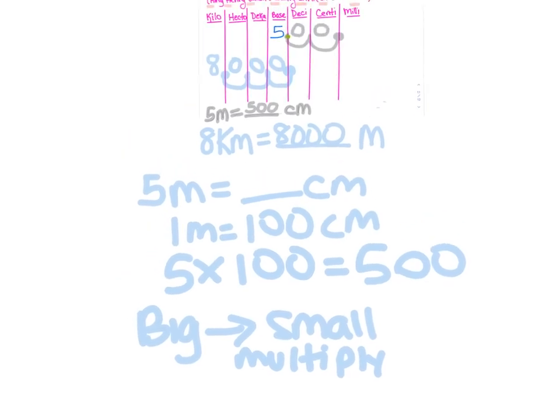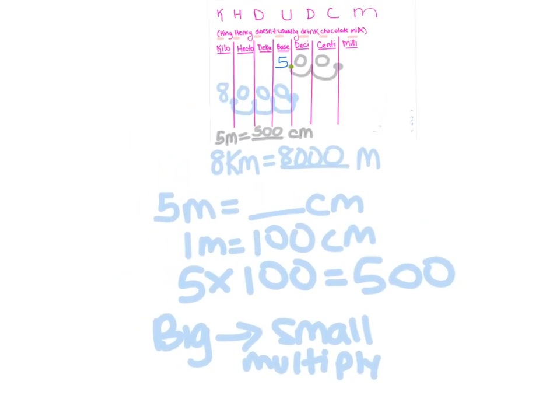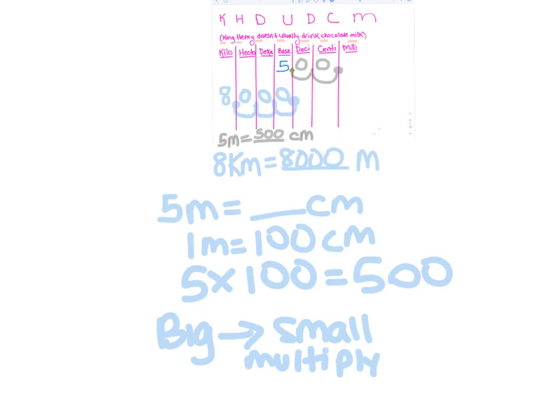So the chart does the same trick as multiplying if I'm converting from a bigger unit to a smaller unit. So today's lesson is strictly going to talk about what happens when I want to convert a bigger unit to a smaller unit, and we are specifically looking at length. So our two examples were converting meters to centimeters and kilometers to meters.